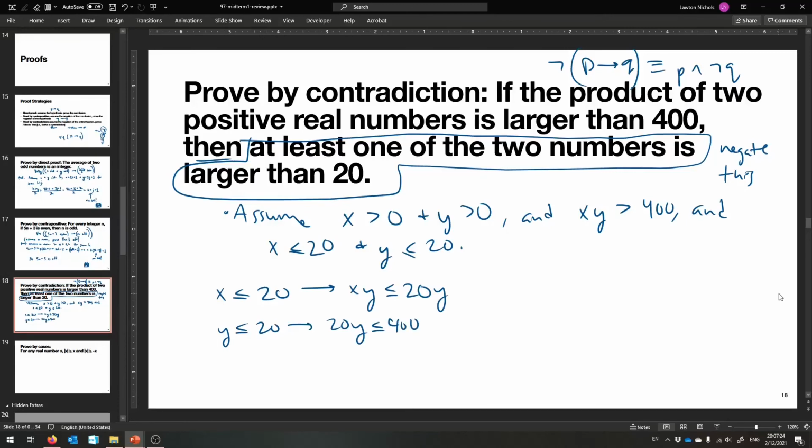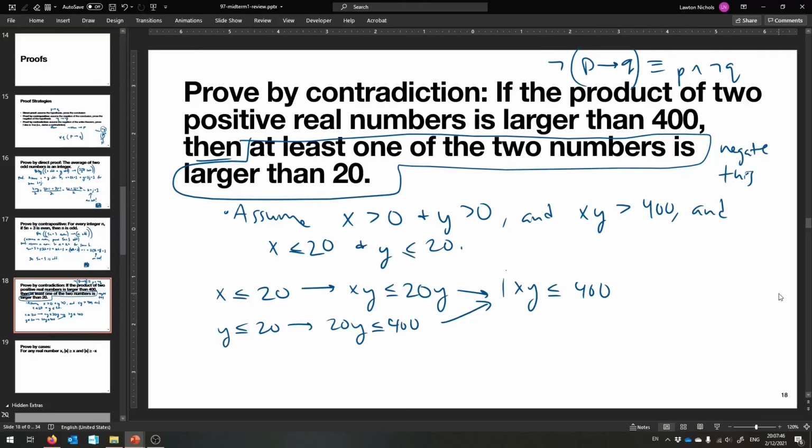Yeah? So putting these two together, I can combine them now. So that one and then that one together, that makes this less than that, and oh yeah, that's the same thing, less than that. It implies now we have xy less than or equal to 400. Ooh, and there's the contradiction. Do you see it?